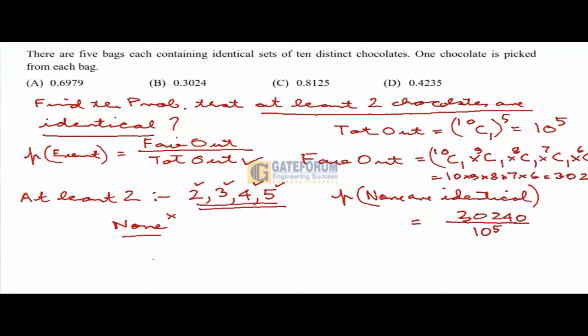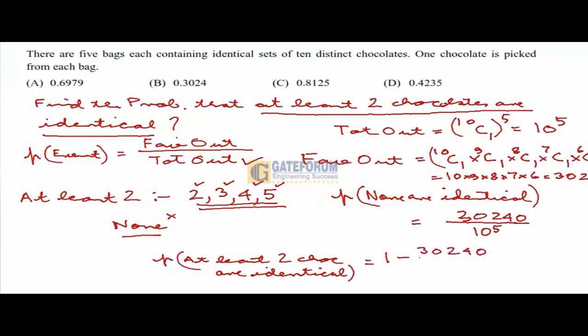So I will say the probability that at least two chocolates are identical will be given by 1 minus 30240 divided by 10 to the power 5.